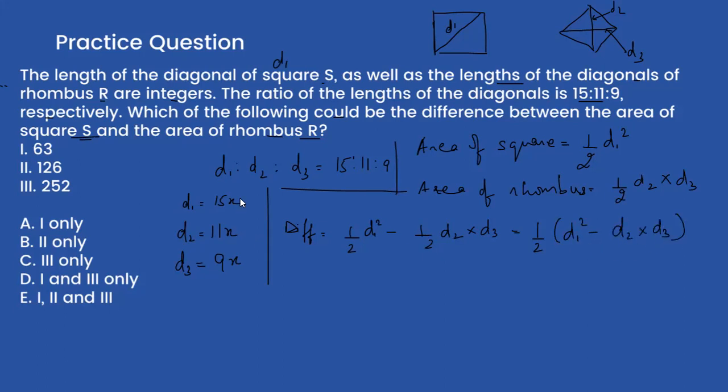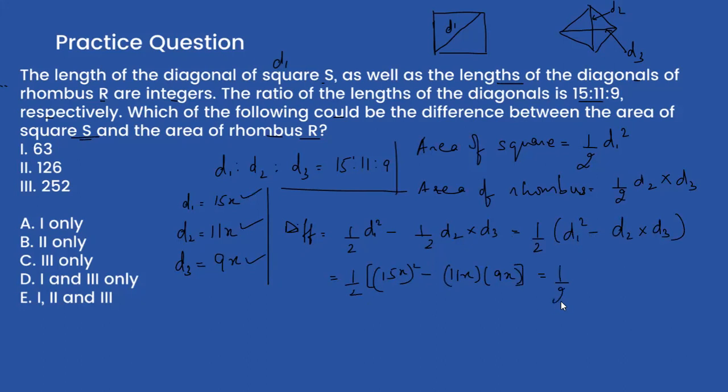D1, D2, D3 are known: 15x, 11x, and 9x. Let's substitute. D1 is 15x, so it comes out to be (15x) squared minus D2, which is 11x, multiplied by D3, which is 9x.